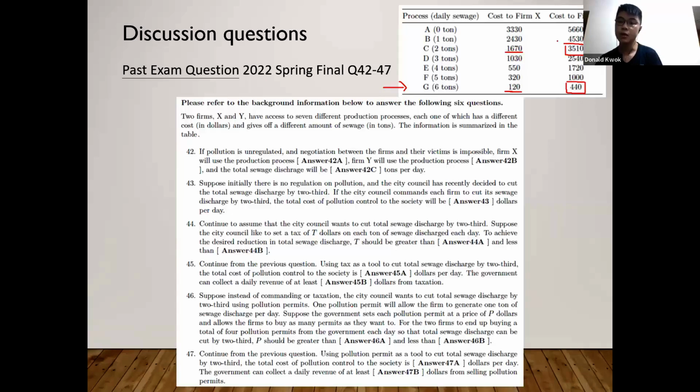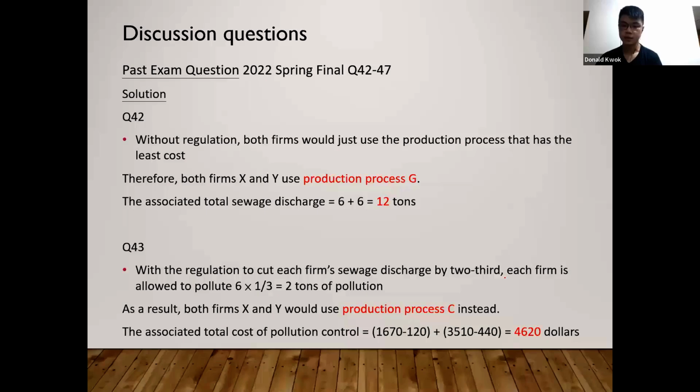So the additional cost required is 3,510 minus 440 as the cost of pollution control to firm Y. So the sum of these two differences would give us the answer 4,620 as the associated total cost of pollution control.